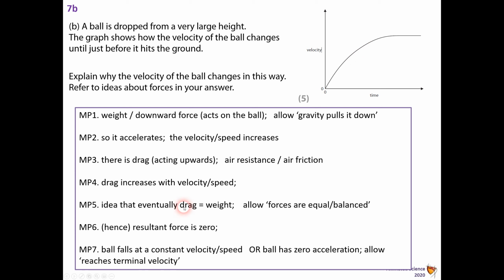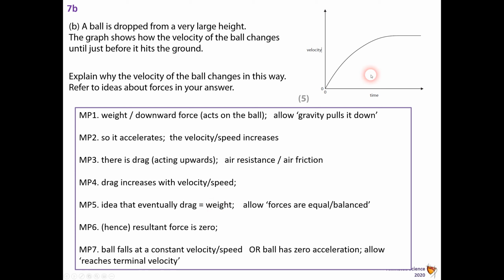And then if the drag's gone up, eventually drag will equal weight. Or we might say that they're equal and balanced. And then marking point 6 talks about simply then, the resultant force is 0, or you could say drag take weight equals nothing. You rearrange your little formula, drag take weight, or D take air resistance, or something like that.